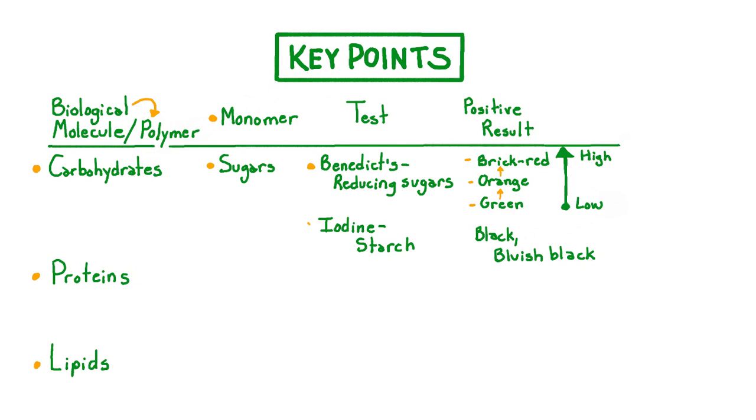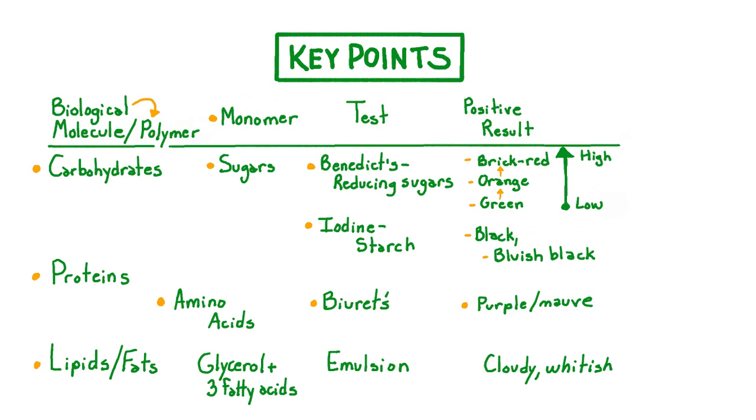If you're testing for starch, you use the iodine test, and the positive result would look black or bluish black. The monomer of proteins are amino acids, and the test for proteins is called Biuret's. The positive result for this test will give you a purple or mauve color. The lipids that we talked about in this video are called fats, and they have two monomer units, a glycerol attached to 3 fatty acids.